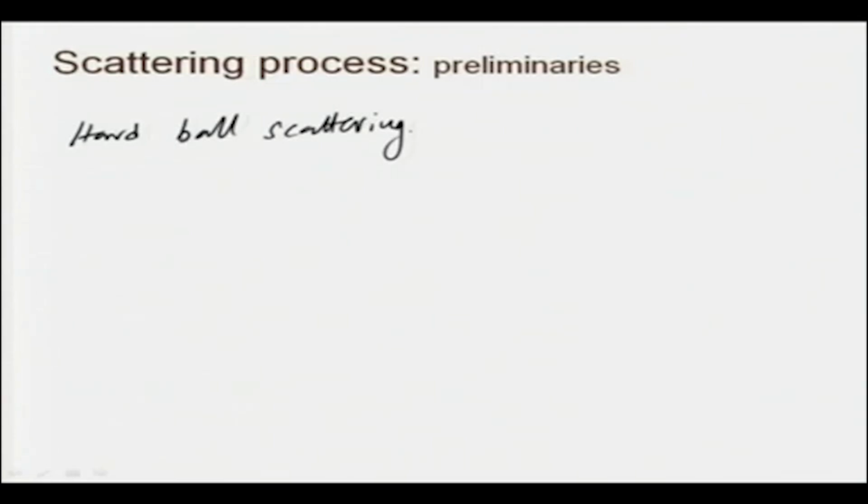If you have a hard sphere, take a steel or iron sphere, so this is your iron ball, and now let us send some smaller beads or balls onto this.